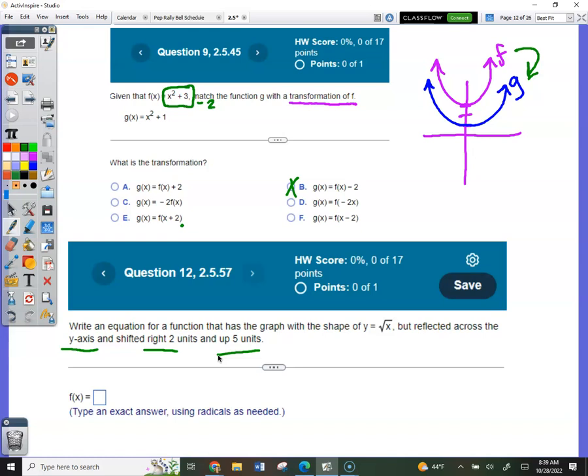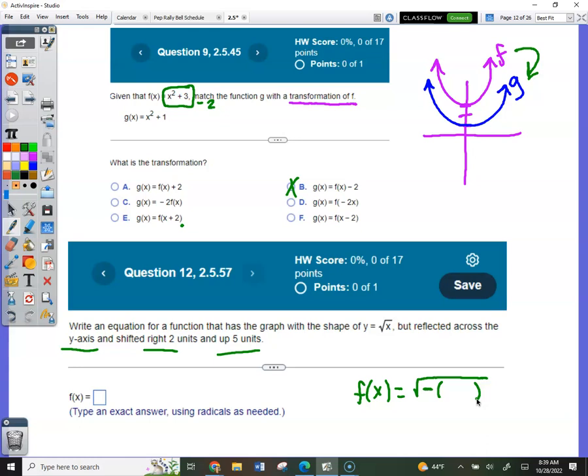Okay, so now you have to write it. So we have f of x equals, what's the mother function? Square root. Okay, so we have the square root, and they want you to put the negative in front of a set of parentheses. This is what I didn't do in mine because I don't do this normally. I don't do the parentheses, but they prefer that. They want the negative to go in a set of parentheses if there's any horizontal shift.